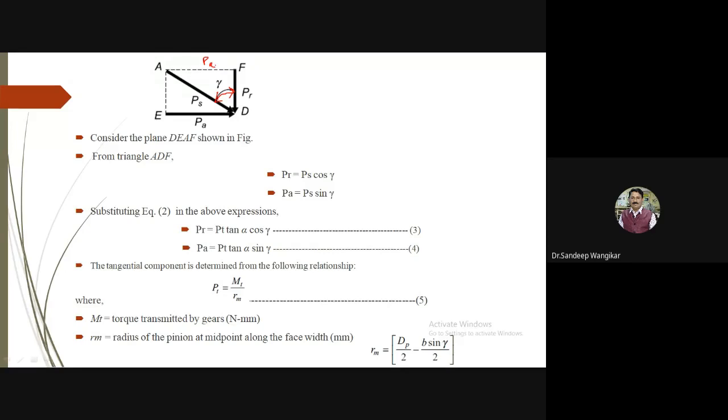Therefore, cos of gamma is equal to PR by PS, so PR is equal to PS cos of gamma. Similarly, sin of gamma is equal to PA divided by PS, therefore PA is equal to PS sin of gamma.